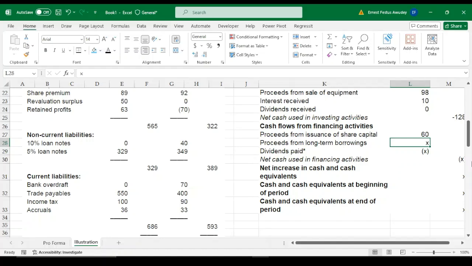Our long-term borrowings from the statement of financial position here are actually two: 10% loan notes and 5% loan notes. But the 10% loan notes are actually zero at the end of the period, so we have 40 there. Let's look at the additional information again.